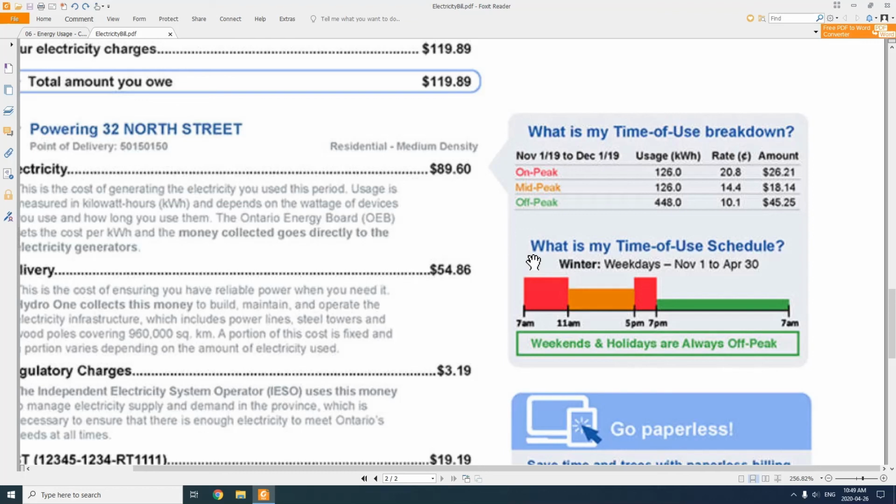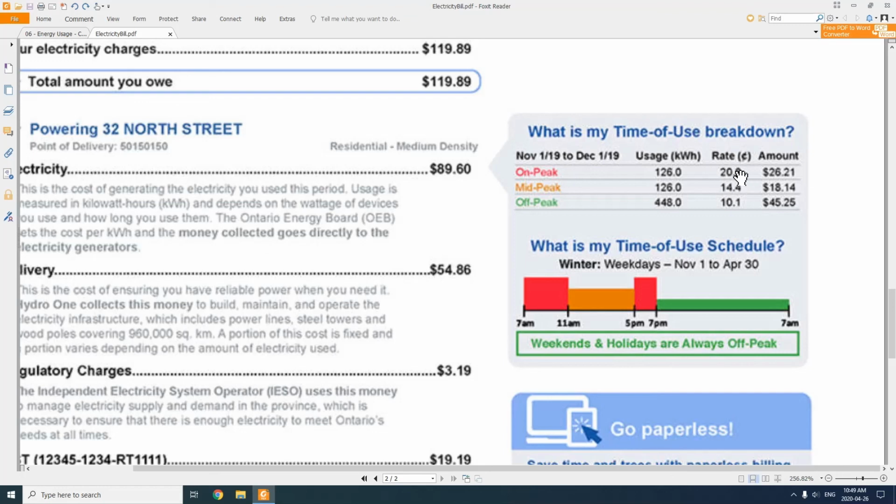In this case, it changes in the summer and in the winter, but for this bill, it was in the winter. So the red parts here are when they charge the most. Between 7 a.m. and 11 a.m., so the morning, and then between 5 p.m. and 7 p.m., so the evening, they charge on-peak. That means they charge the most, and in this case, they're charging about 21 cents per kilowatt hour.